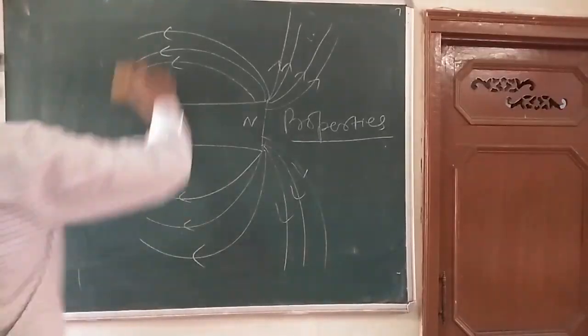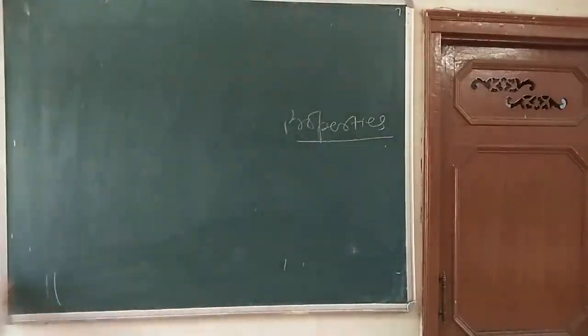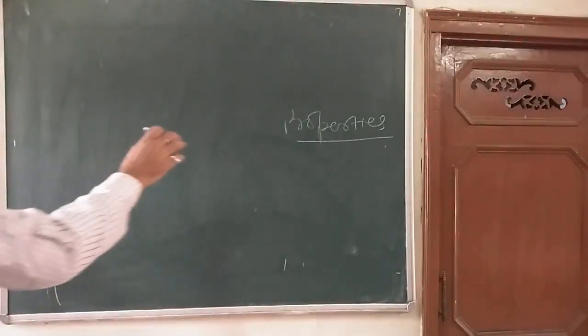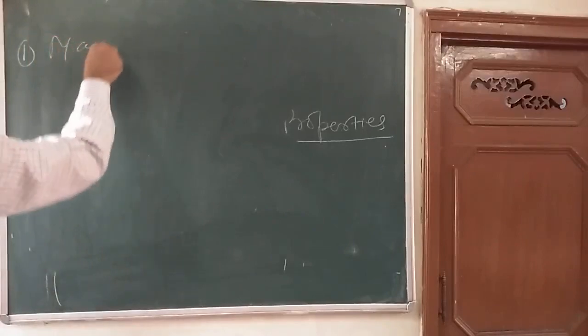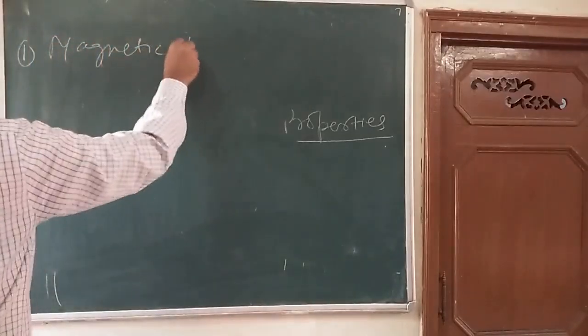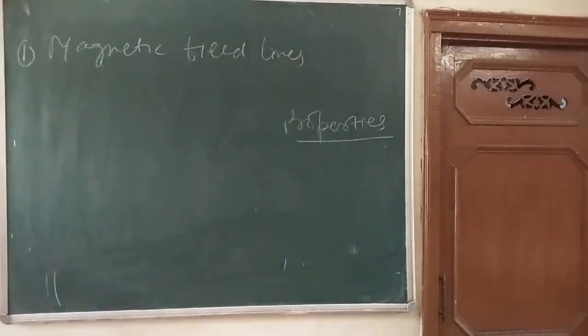Now, here we can say in this figure, the magnetic field lines are directed from north pole to the south pole.